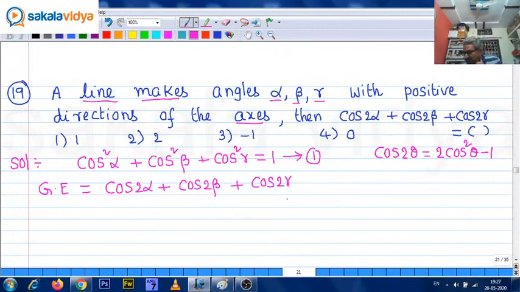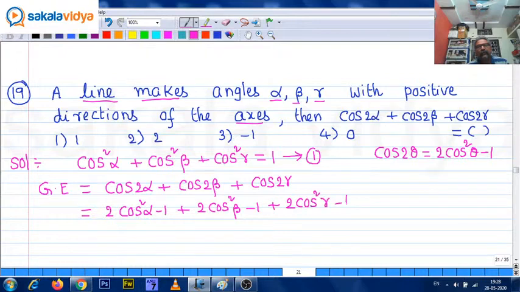Now cos 2 alpha we need to write in terms of cos alpha, cos 2 beta in terms of cos beta, and cos 2 gamma in terms of cos gamma. So it is 2 cos square alpha minus 1 plus 2 cos square beta minus 1 plus 2 cos square gamma minus 1.